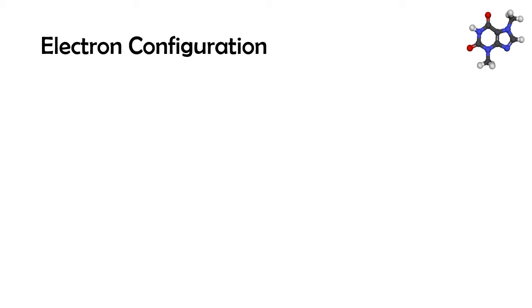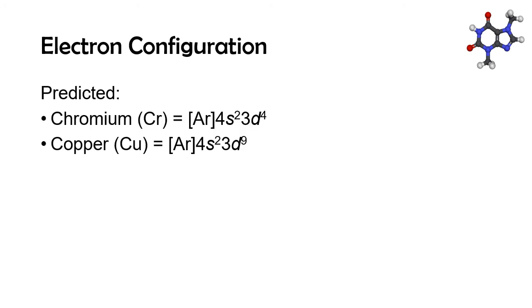As with all rules, there are exceptions to the orbital filling sequence in writing electron configuration. These exceptions hold true for chromium and copper. If we were to follow the normal order of orbital filling, the ground state electron configuration for chromium would be Ar 4s2 3d4. The ground state electron configuration for copper would be Ar 4s2 3d9.